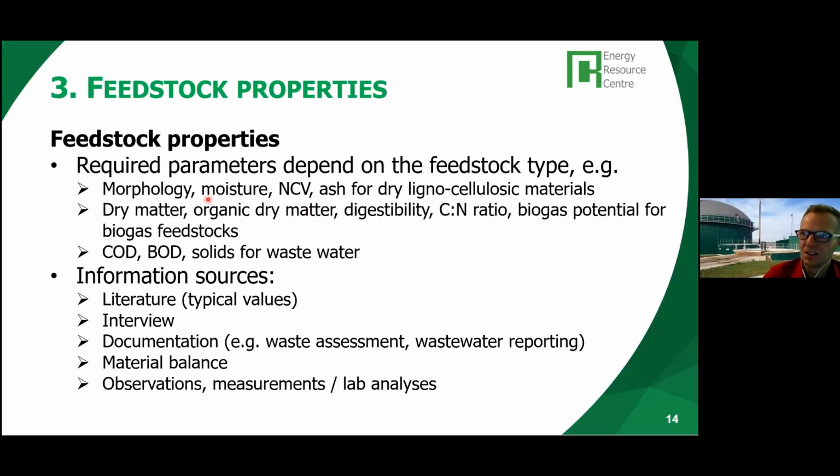So basically the size and shape of the material. If you look at biogas feedstocks, you would rather be looking at dry matter, the organic component in your dry matter, the digestibility, the biogas potential, and the carbon to nitrogen ratio, and those are needed to determine its suitability for biogas production.